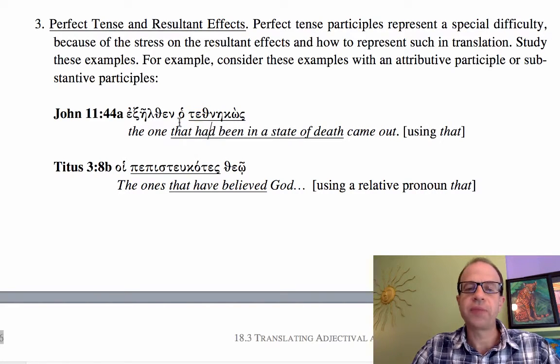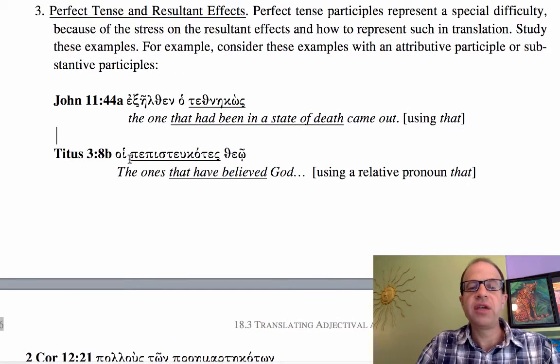Here, there is some time relativeness of this, since the main verb is past indicative, that is aorist indicative, past time. You put the resultant effect relative to that past time and use the helping verb had to set that up.